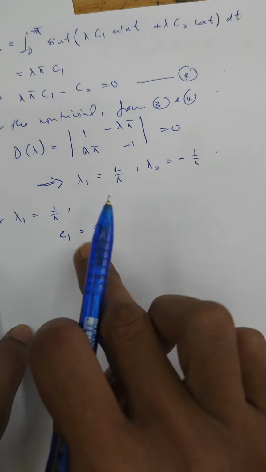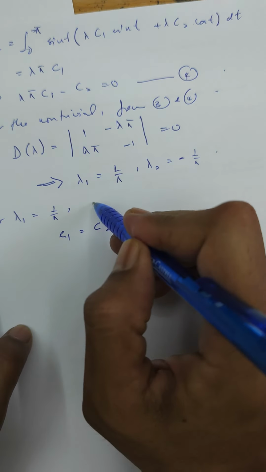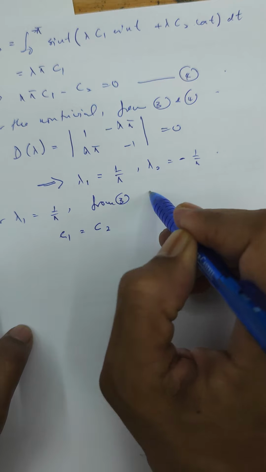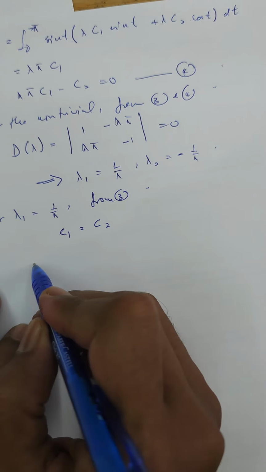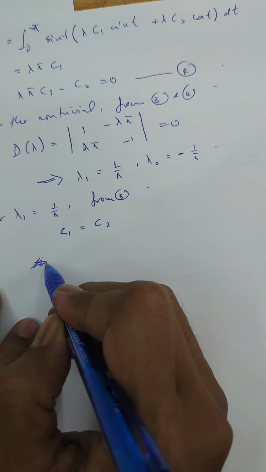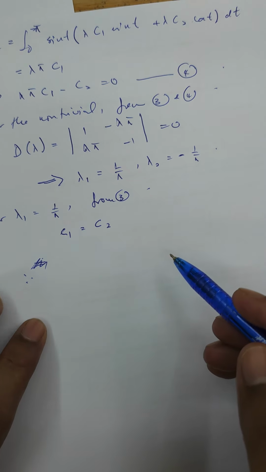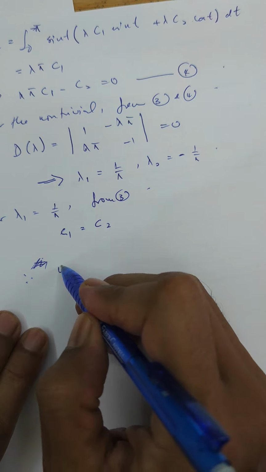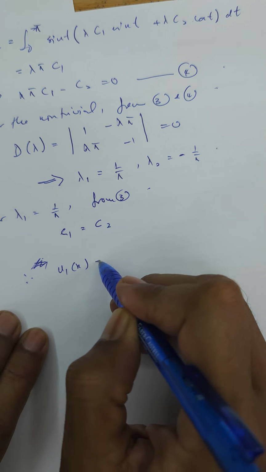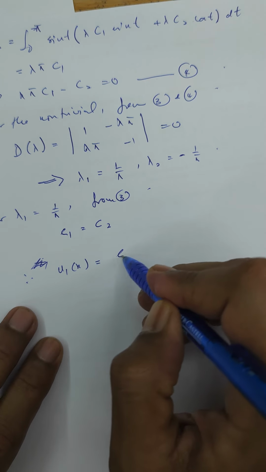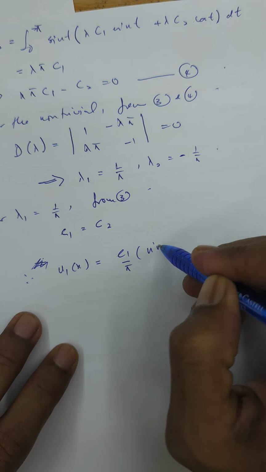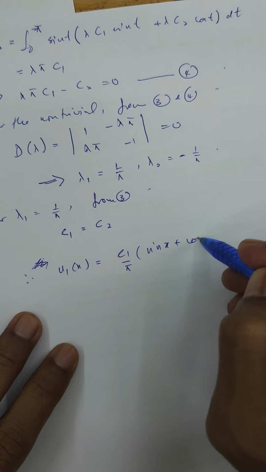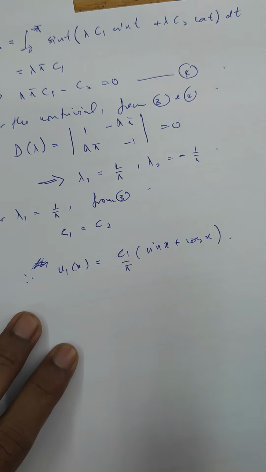This is from 3. Therefore we have U1(x) equal to C1 over pi times sin x plus cos x.